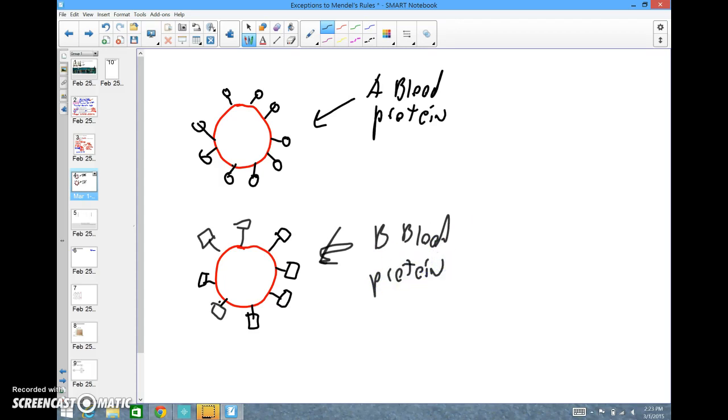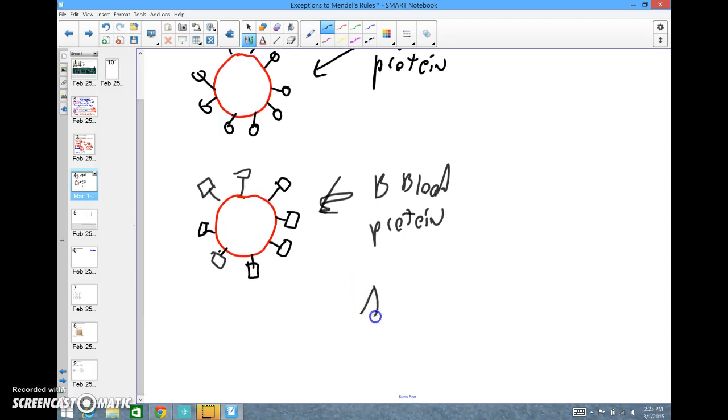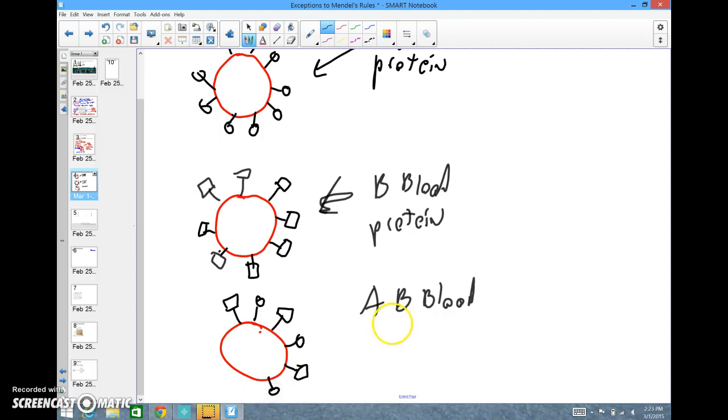When we're talking about the phenotypes, what we're saying is that you either have the A protein or the B protein. Now, if you were AB blood, what this means is that you actually have both proteins. So you might have the square and the circle, and the square and the circle, and the square and the circle. And that's why it's codominance, because you have both equally.